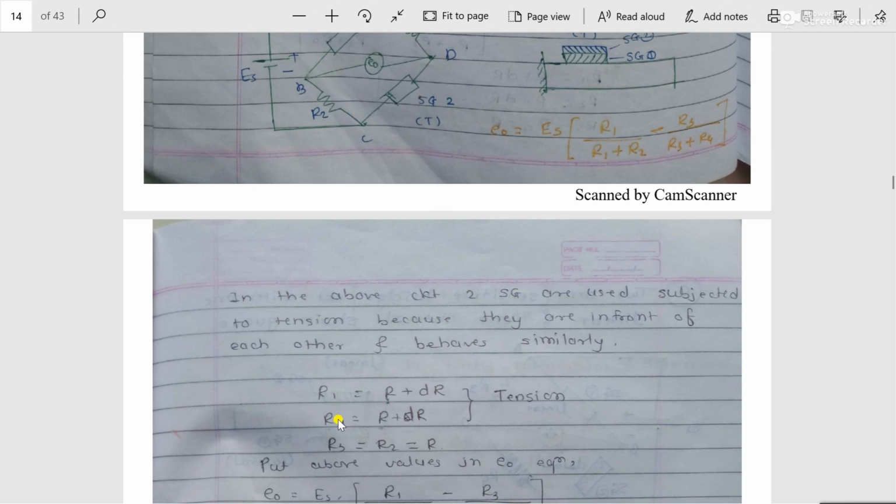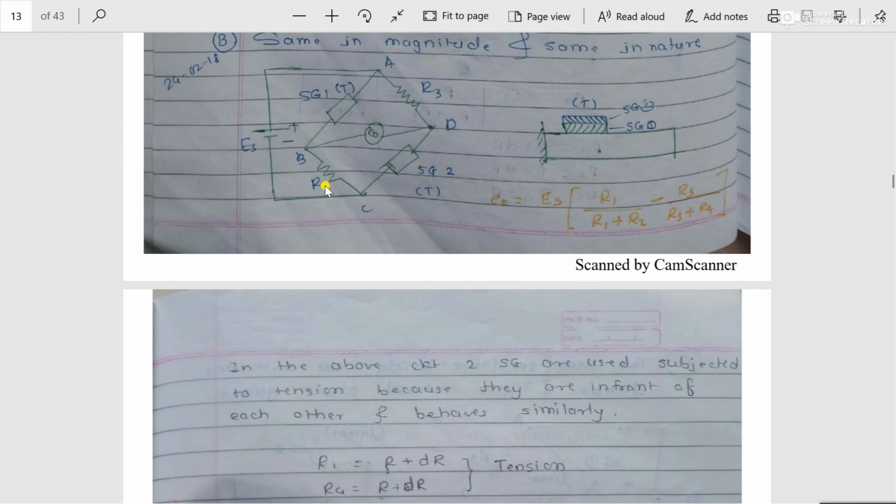Therefore R1 is equal to R4 is equal to R plus delta R. But R2 and R3 are fixed resistors, so there is no change in their resistance value, because before and after application of load R2 and R3 remain the same. Therefore R3 is equal to R2 is equal to capital R.